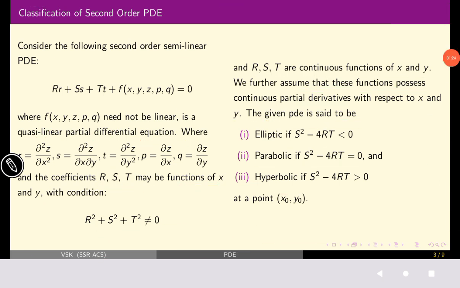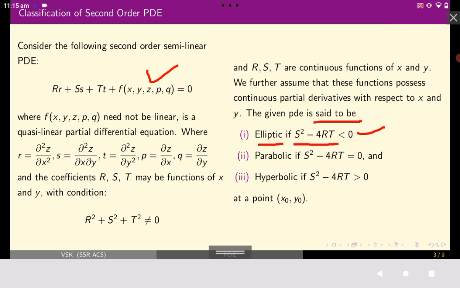Now the given PDE, this PDE, is said to be elliptic if S square minus 4RT is less than 0. If this is less than 0, it is called elliptic. It is called parabolic if S square minus 4RT is equal to 0, and hyperbolic if S square minus 4RT is greater than 0 at some point x naught, y naught.